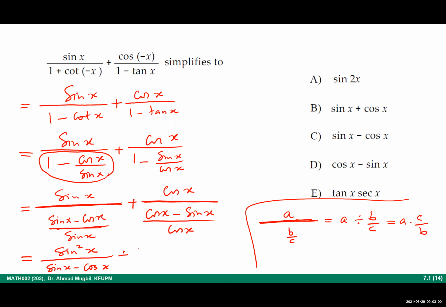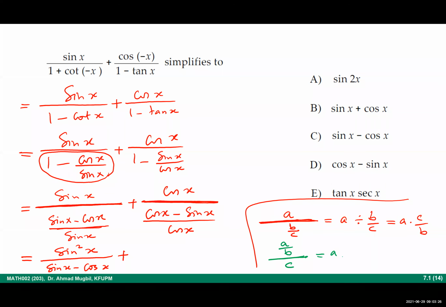Now this will be plus. We will do the same here. Cosine squared. But ya shabab, be careful. What is the main fraction part? What is the numerator? What is the denominator? If it is A over B all over C, this is something different.